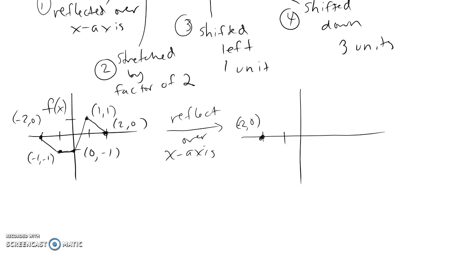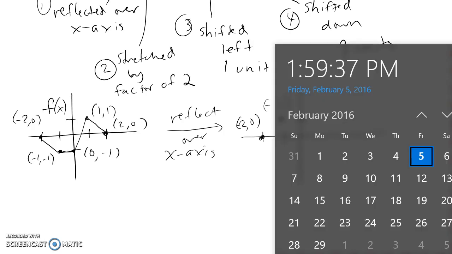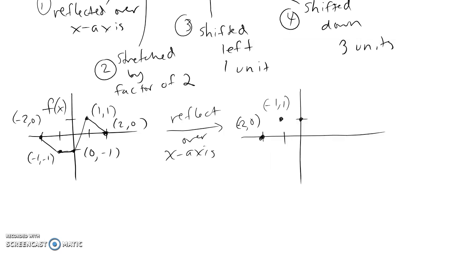So -1, -1 will still have x-coordinate -1, but it's going to flip over the x-axis to become a y-coordinate of positive 1. 0, -1, similarly, is going to come up and become 0, positive 1. 1, 1 will flip over and become 1, -1.